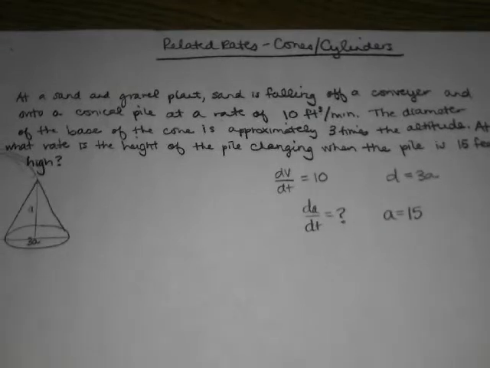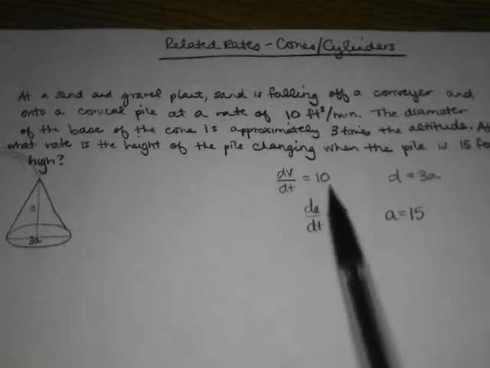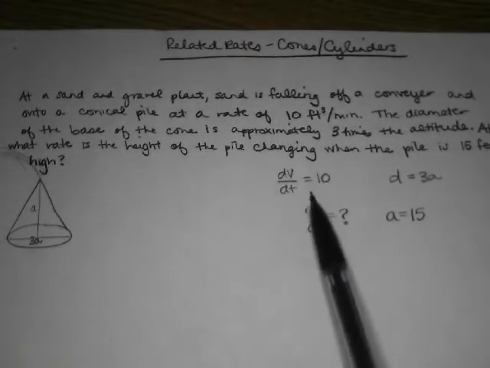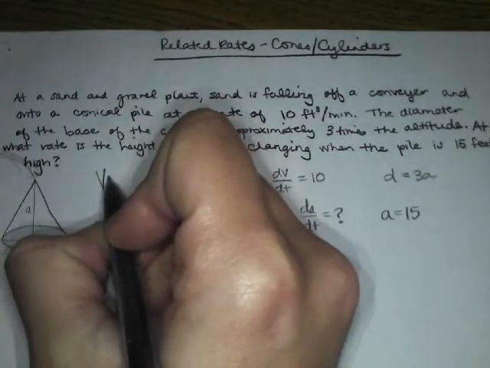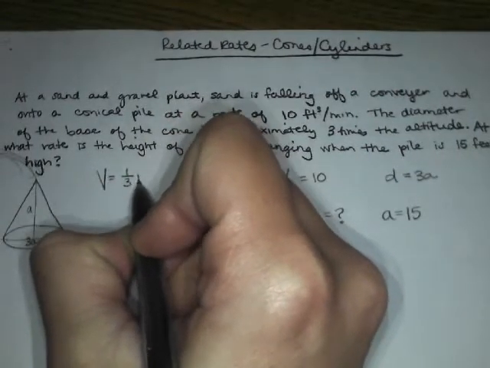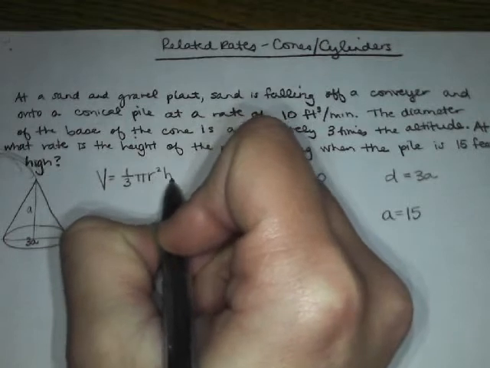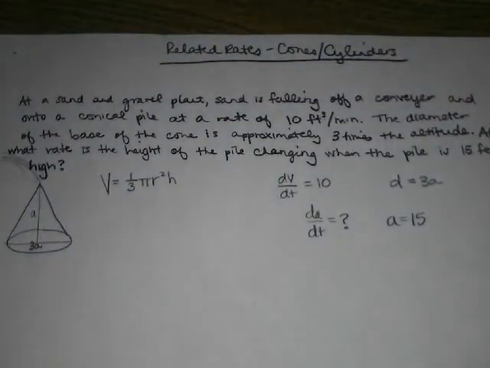But we've got some insight as to, hopefully, what equation we should be working with. If we know dV/dt, what equation about a cone should we be interested in? Volume. Do you guys know what that is? 1/3 times pi times radius squared times height. That's a point for Dan.